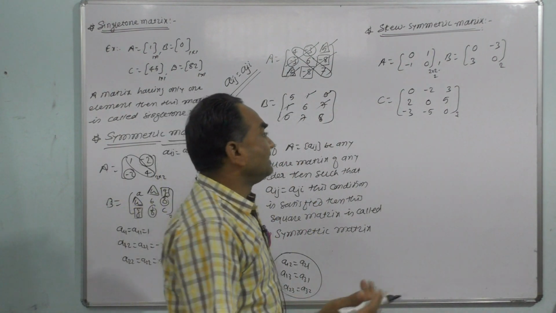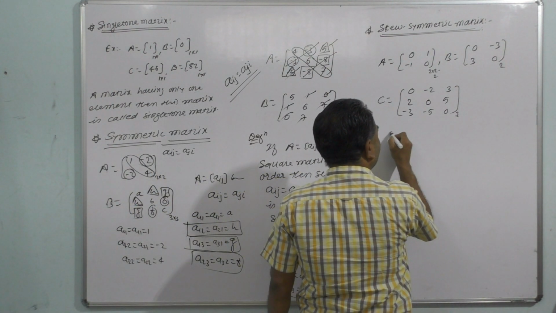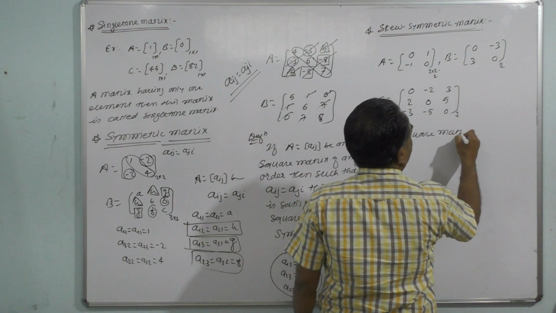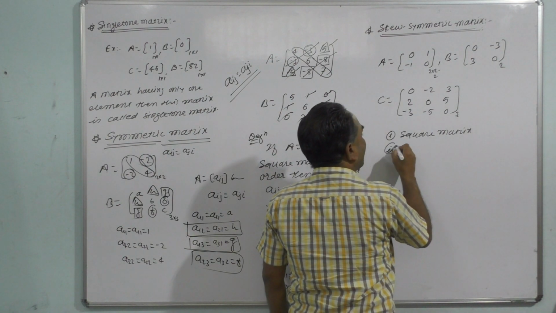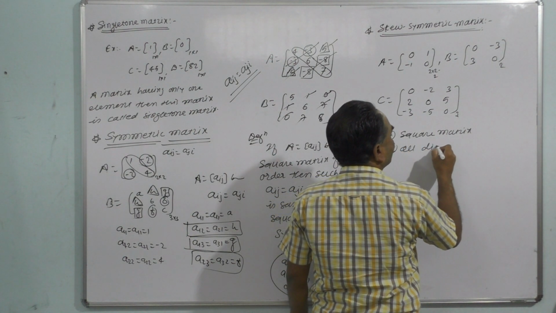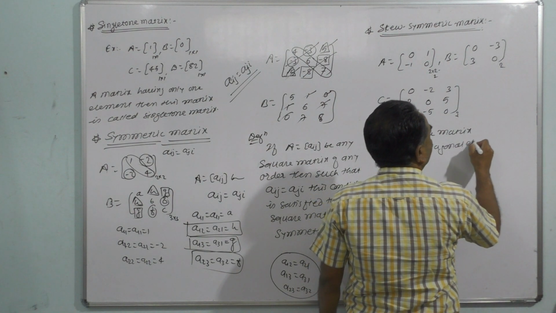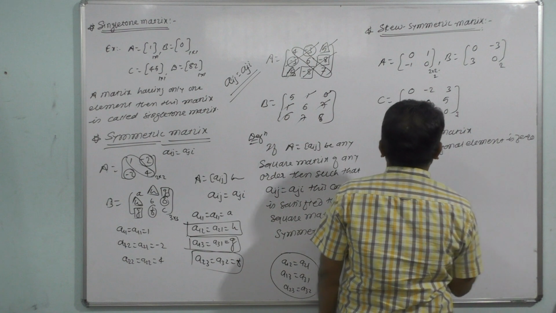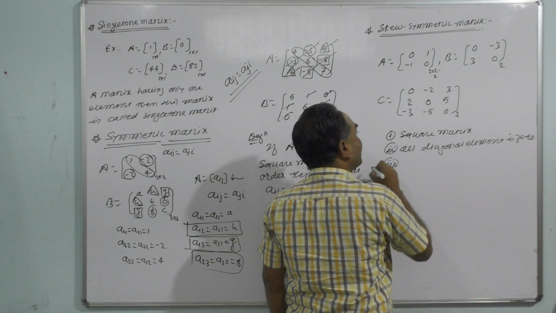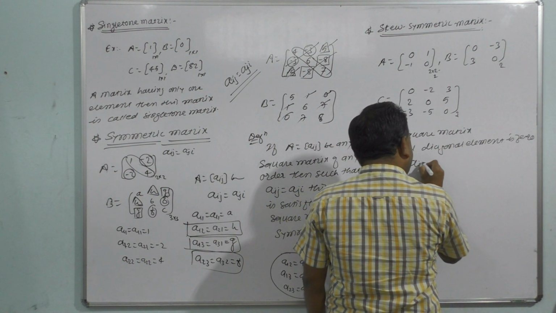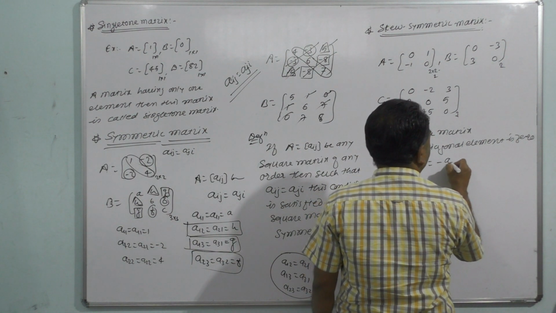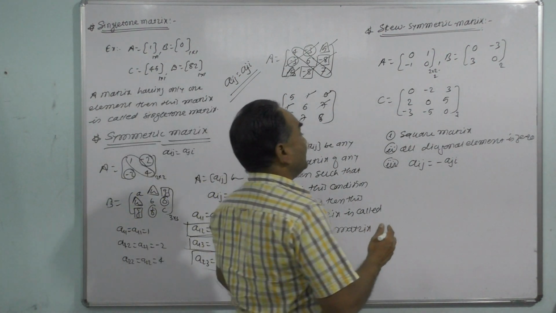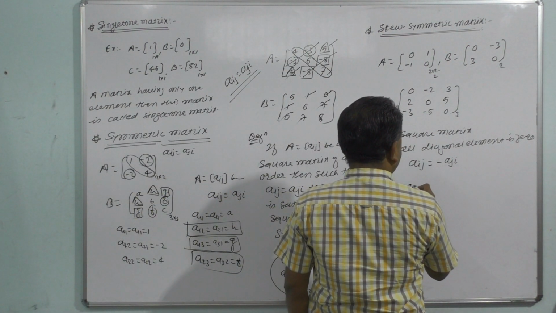And the third condition: the first condition is square matrix, the second condition is all diagonal elements are 0, and the third condition is Aij is equal to minus Aji. म्हणजे Aij किती आहे?